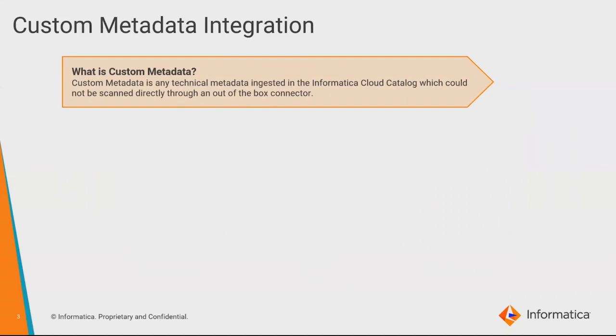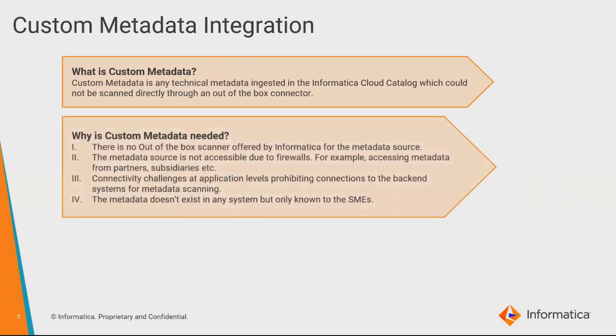So custom metadata is any technical metadata which is ingested into Informatica Cloud Catalog without using our out-of-the-box connectors. And there could be many reasons for taking this approach, and we have taken a few of those reasons, like where you would need to use custom metadata.